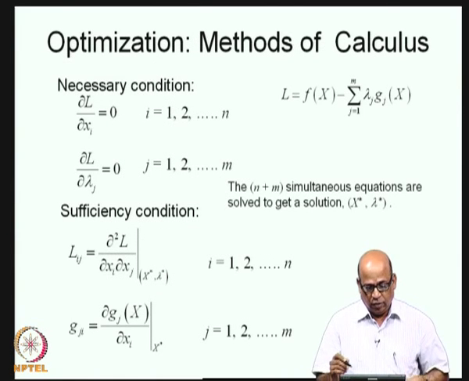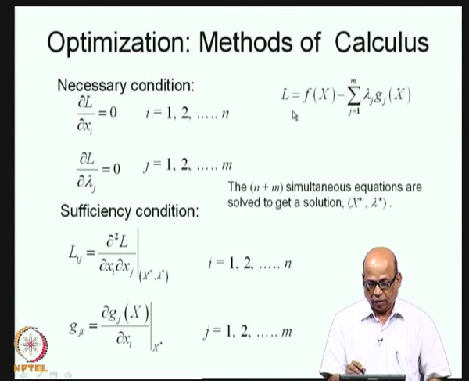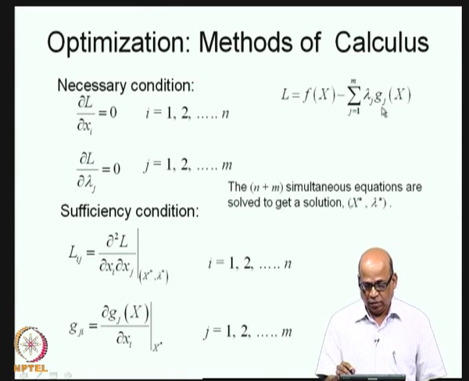So, the necessary condition for this is that we look at the Lagrange function. This is the original function f of x minus summation j is equal to 1 to m lambda j g j of x. This is the Lagrange function.